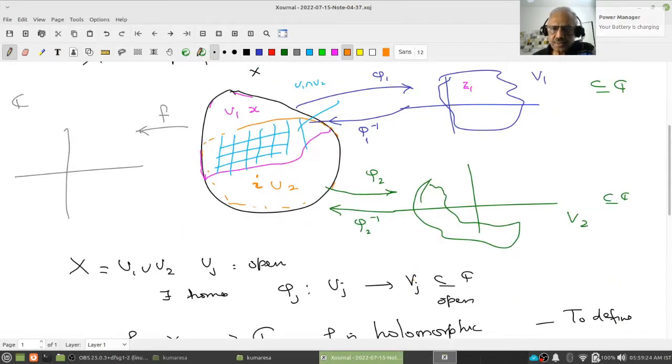Again look at the picture. I have x here, there is going to be a z2 here, so phi 2 inverse followed by f is a map from v2 to C, therefore I can talk about its differentiability at z2.